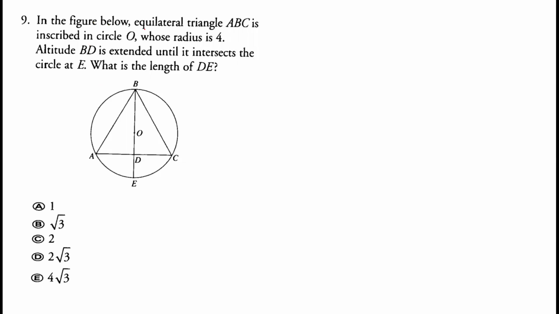Now, in the figure below, equilateral triangle ABC is inscribed in a circle O, whose radius is 4. And this is an equilateral triangle having all sides equal. Now, altitude BD is extended until it intersects the circle at E. What do you mean by altitude?